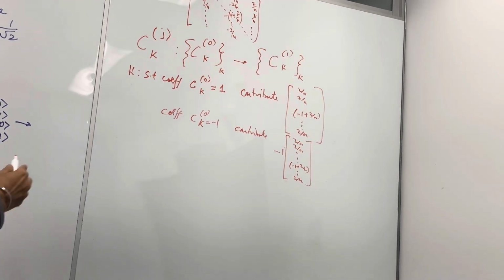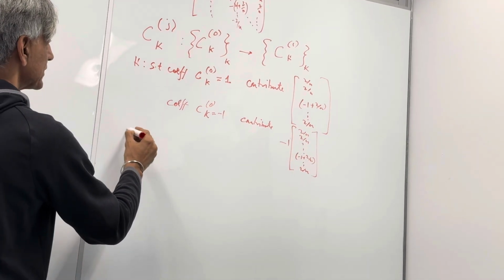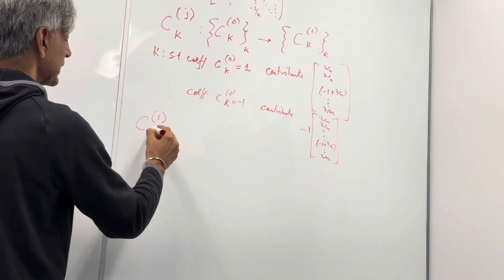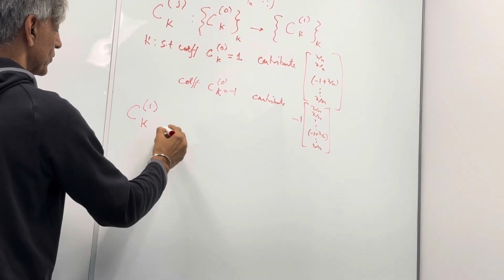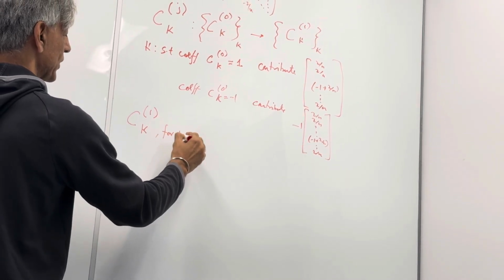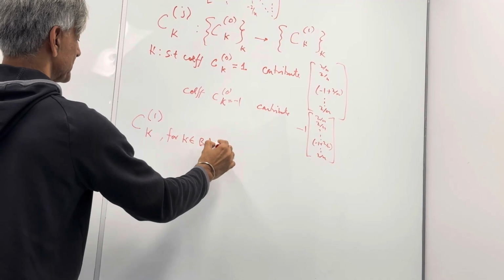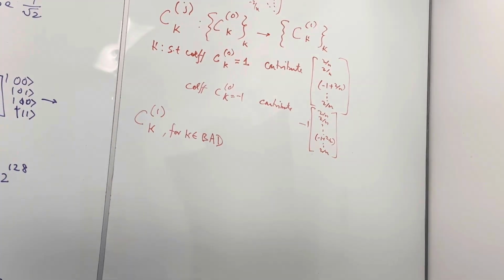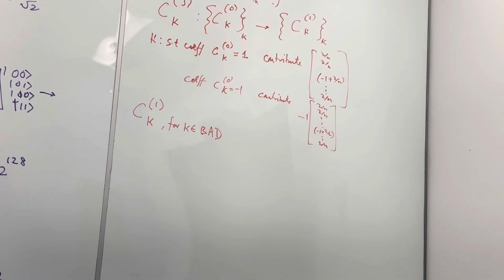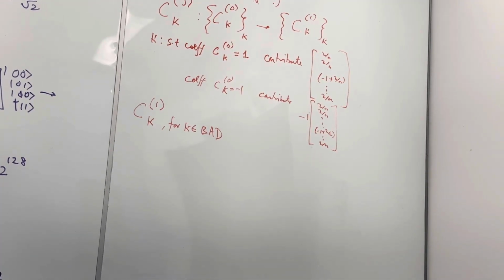So let's see what C1K is for K belonging to the bad set. We'll call the bad set all the guys which are not the correct keys, and the good guy is the correct one.